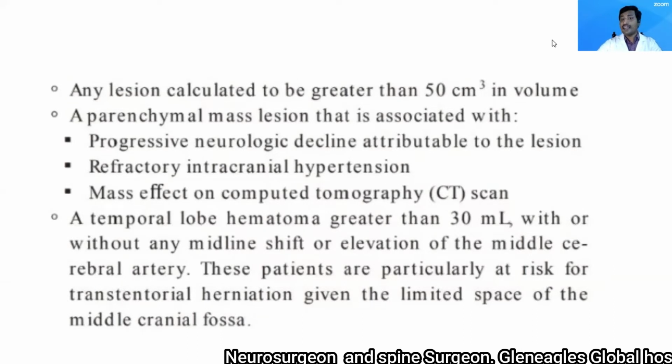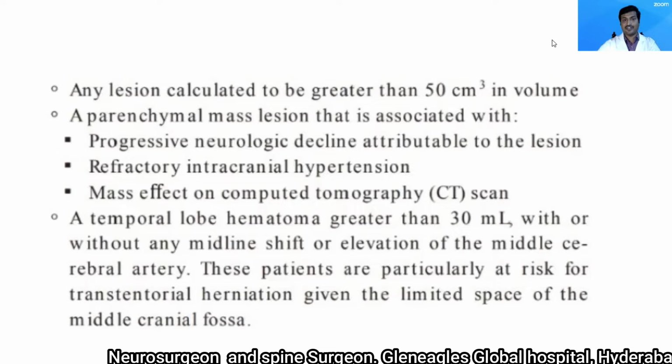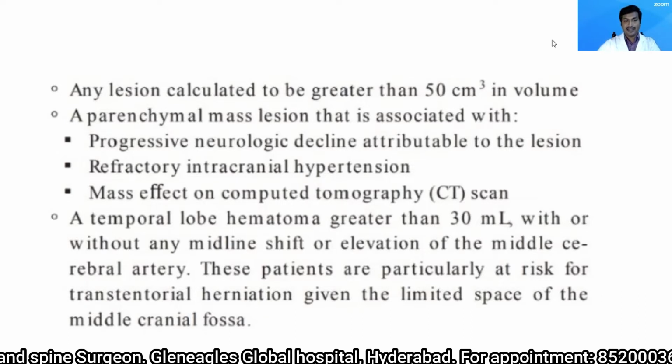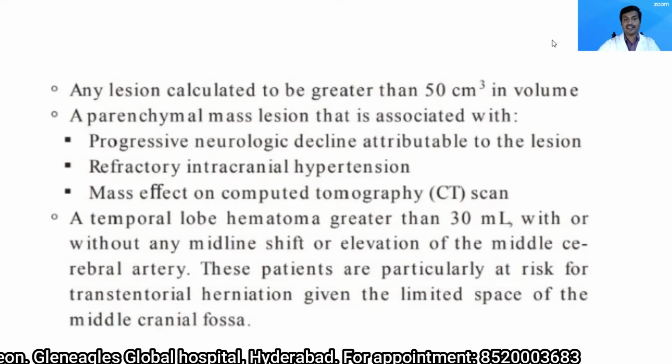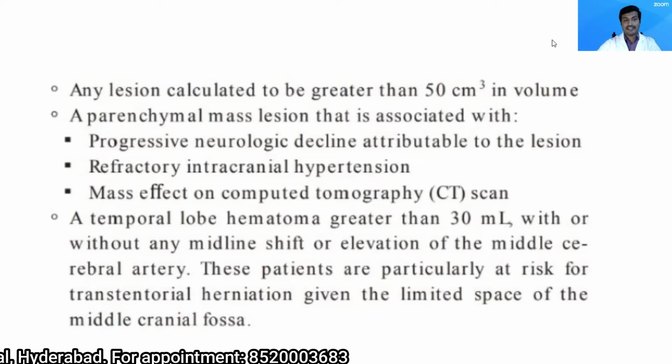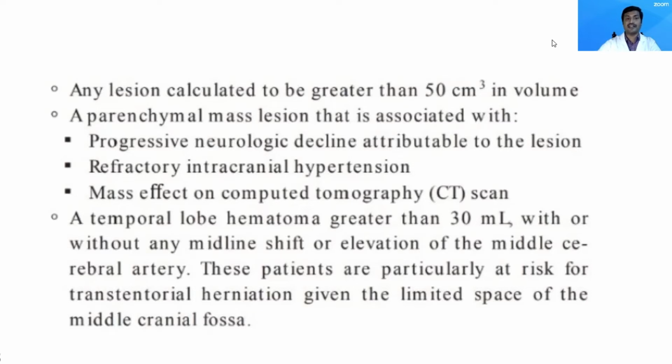Also any lesion, irrespective of size, which is causing progressive neurological decline, or refractory intracranial hypertension, defined as ICP more than 20 millimeters of mercury not responsive to maximal medical therapy, or when you see mass effect on a CT scan.